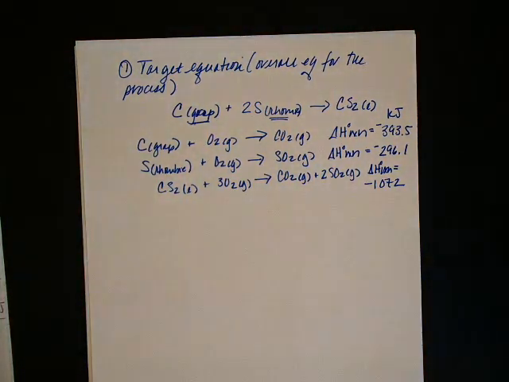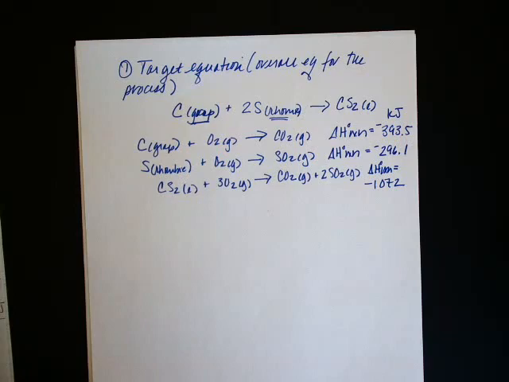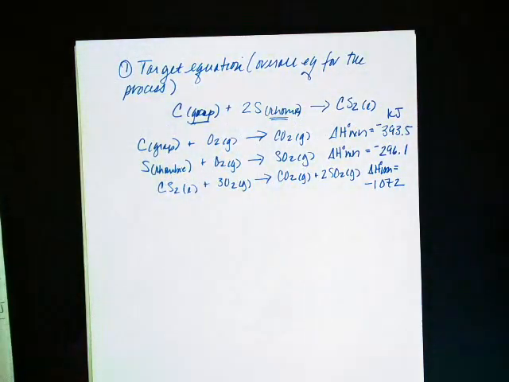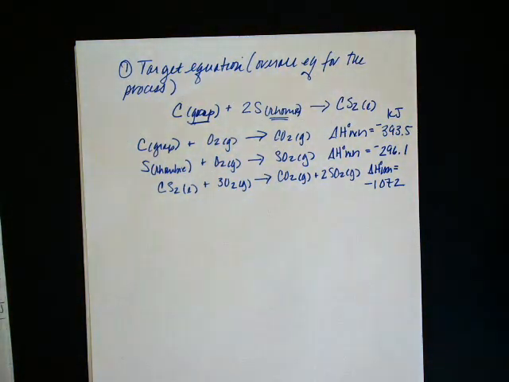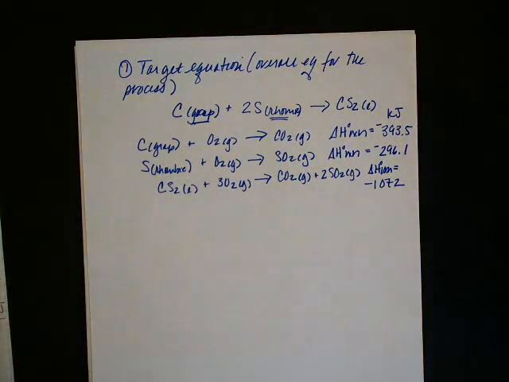Now, when we apply Hess's law to this problem, we need to manipulate these 3 equations such that we can cancel everything that doesn't appear in the target equation. So this is the indirect method for calculating delta H by using Hess's law.